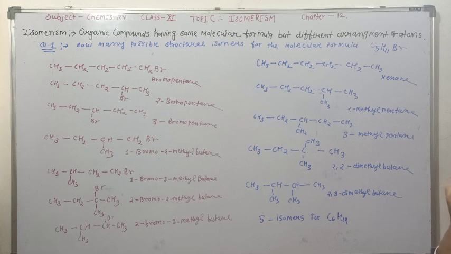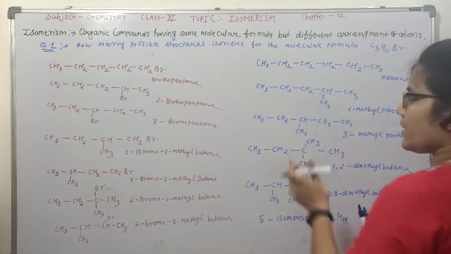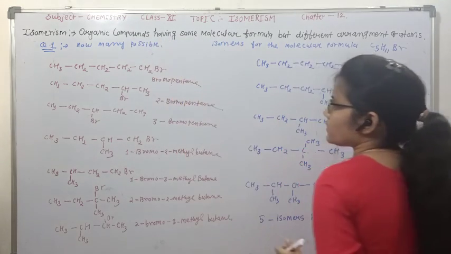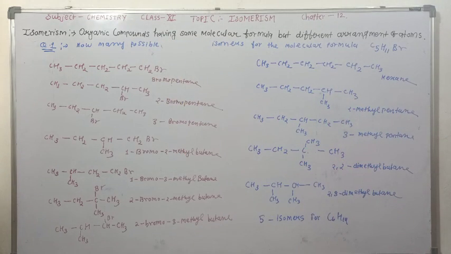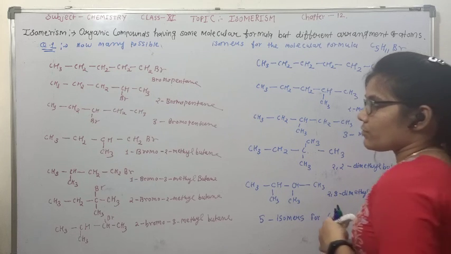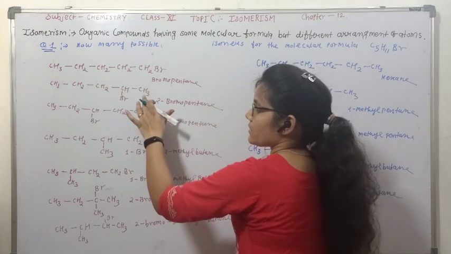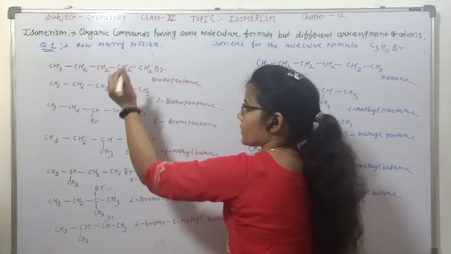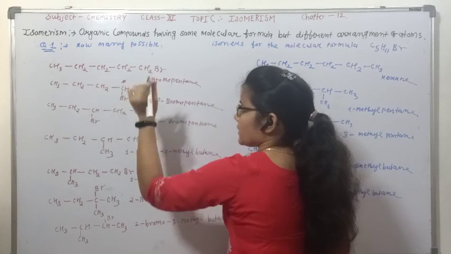In this way, you have to solve the question. If it is asked how many isomers, including stereoisomerism also, then we have to find the chiral centers. If only structural isomerism is not asked and all the isomers are asked, we have to find the chiral center. Where are the chiral centers present? You can see CH3, Br, H and a different group, so here is one chiral center.